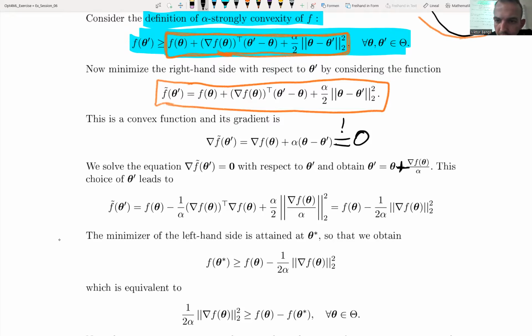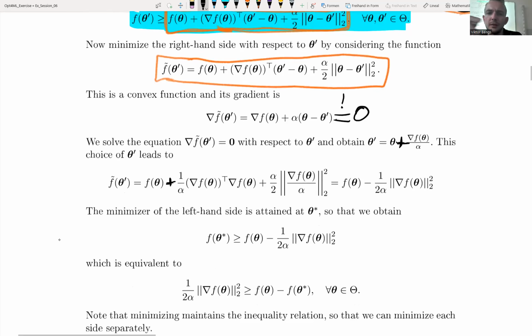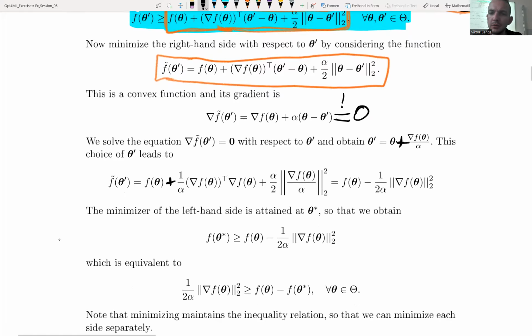And then we would get here actually a plus for the theta prime. Yeah, because plugging in theta prime, the thetas are canceling out. The gradient of f divided by alpha remains, which is multiplied in the inner product sense with that. And then plugging in here the theta prime does not change that.